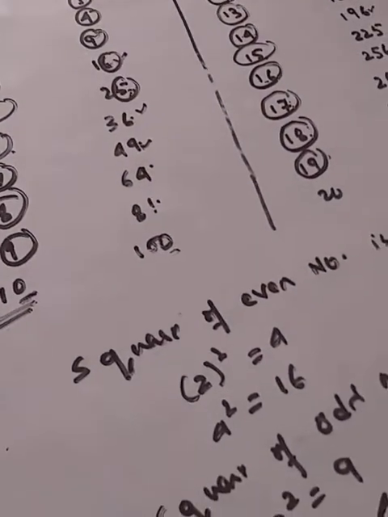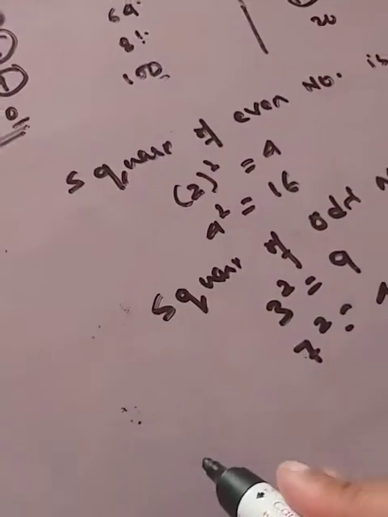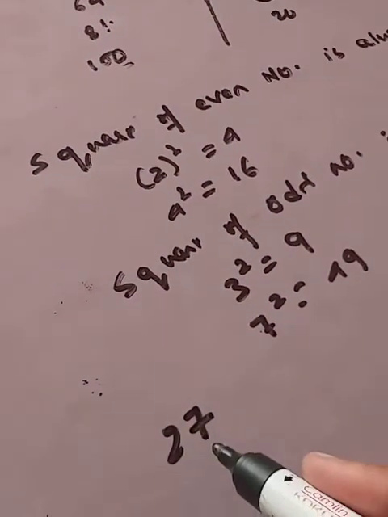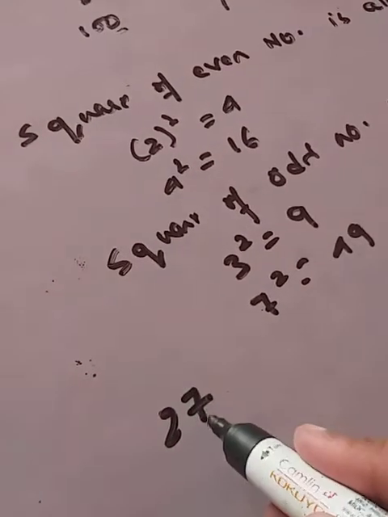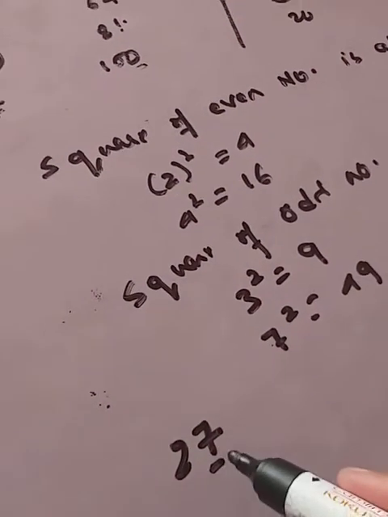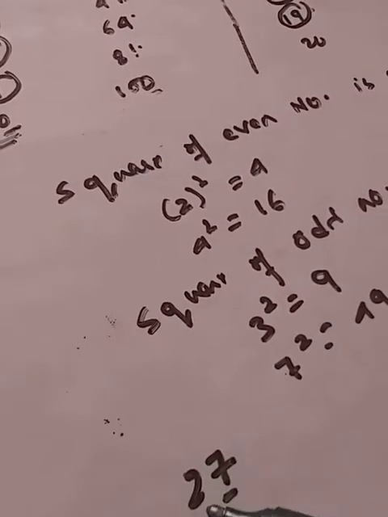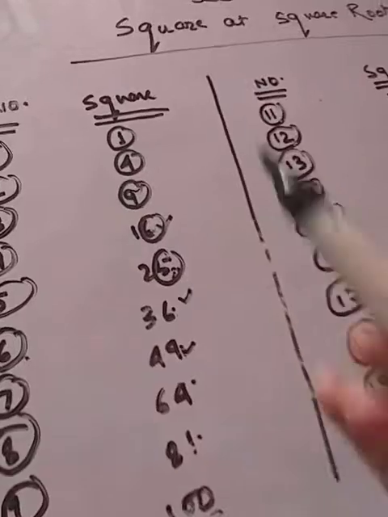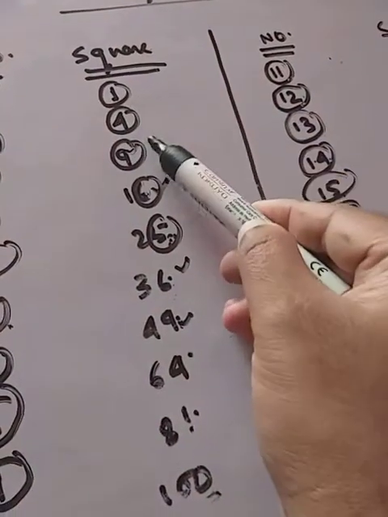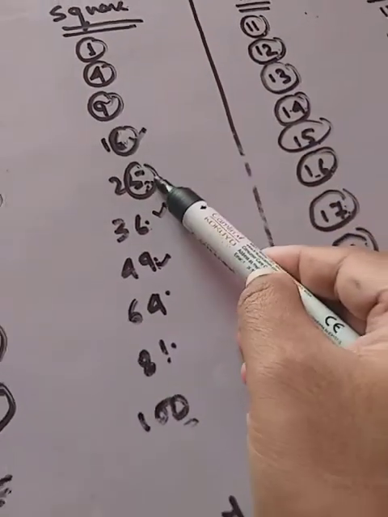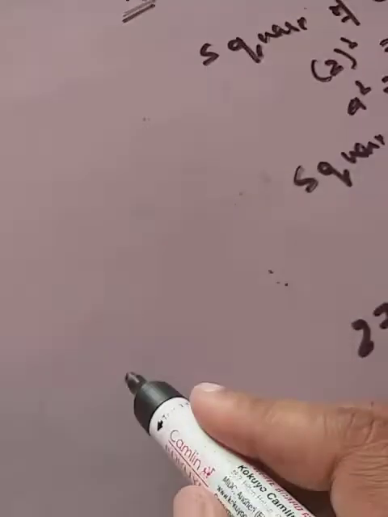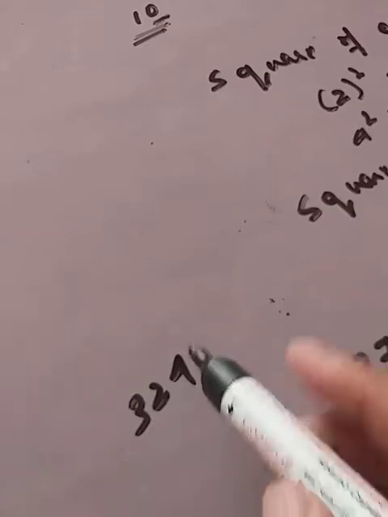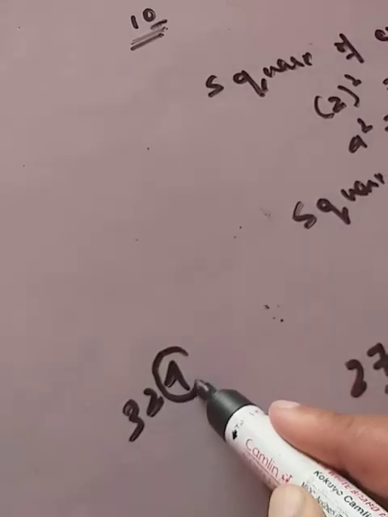Suppose if I ask you, is 27 a perfect square number? Just by looking at the unit digit, you will say no, because we know that the square of any number could possess only 1, 4, 9, 6 or 5. Suppose I say 324 is a perfect square number, so you will see the last digit.